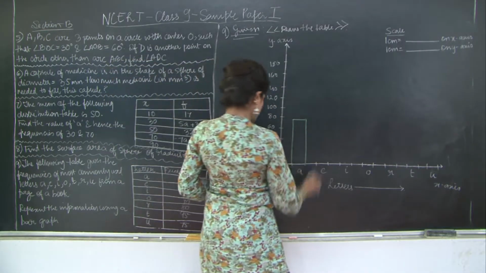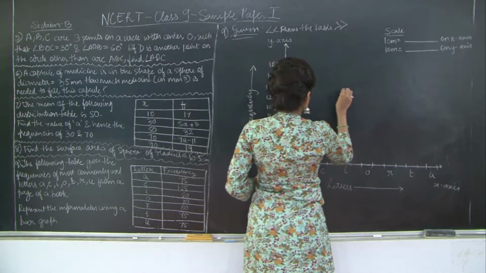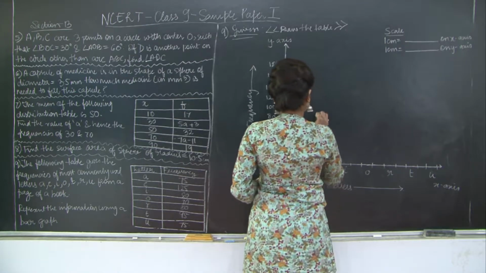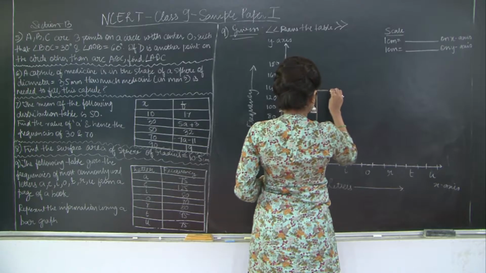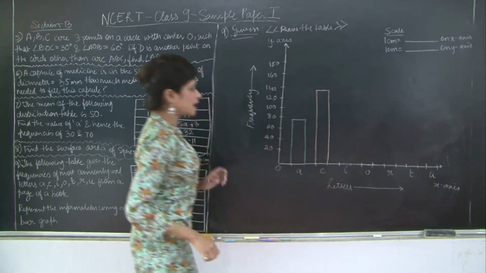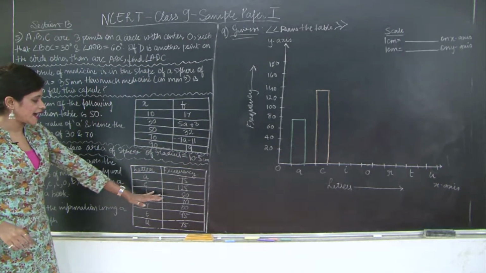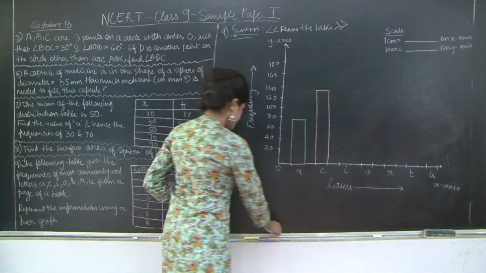So let's draw this, 125. So this is the bar that represents the occurrence of the alphabet E. Then I have I as 80. So 80 is right here. Let's draw it.